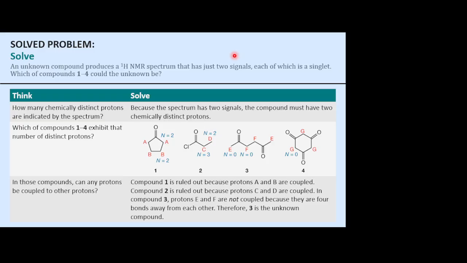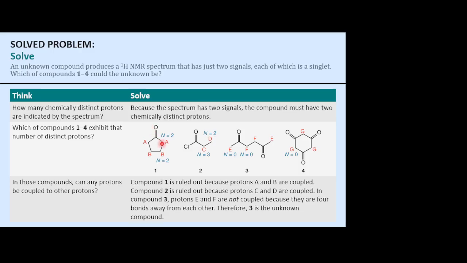No. If they're near each other, that would cause splitting, wouldn't it? And the fact that we have singlets tells us we shouldn't have any splitting, right? There are several ways you could go about this, but the easiest way to make sure you got the right answer is to ask, how many peaks should I get out and how much splitting should I get out?